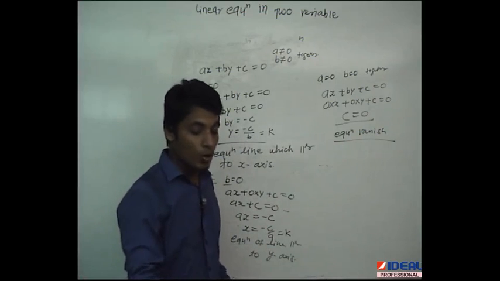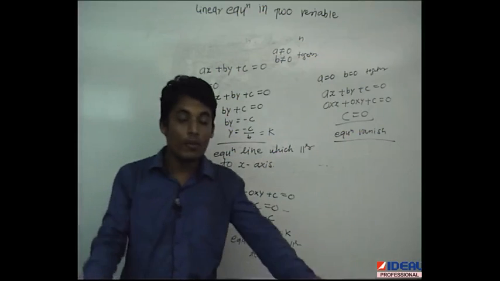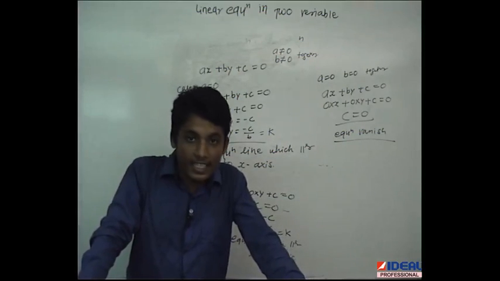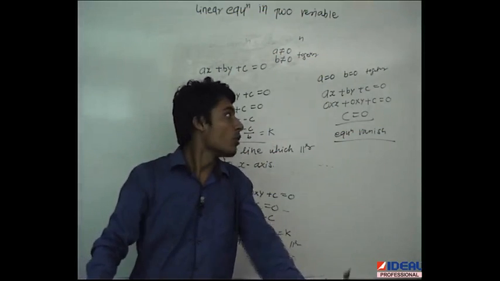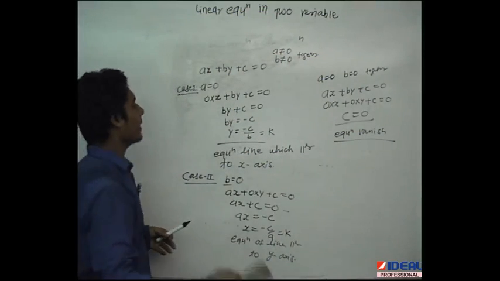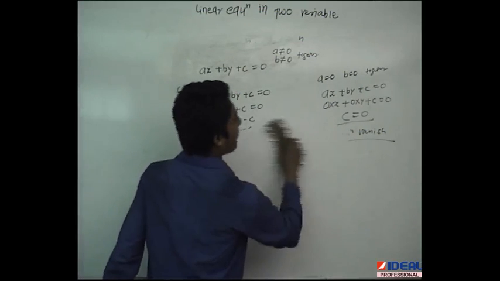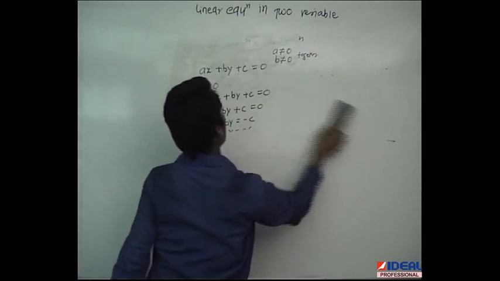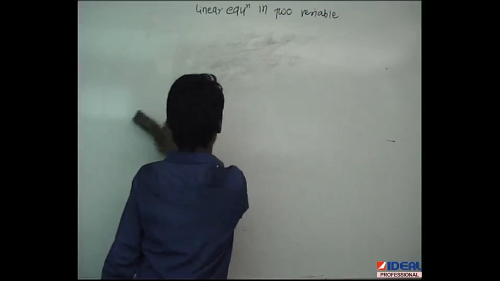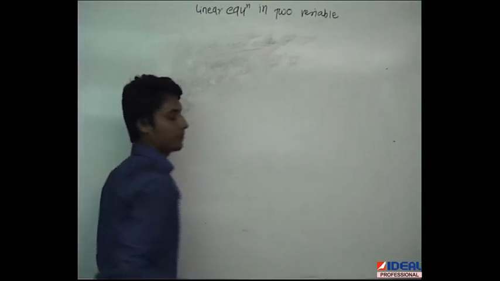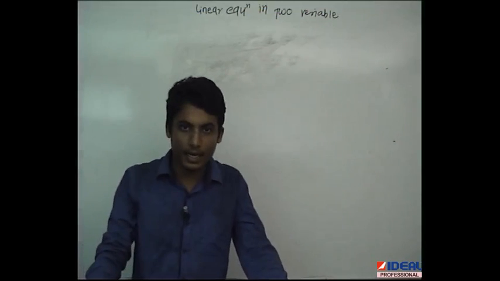Now, orientation of two given straight lines in a plane. So our next topic is orientation of two given straight lines in a plane.